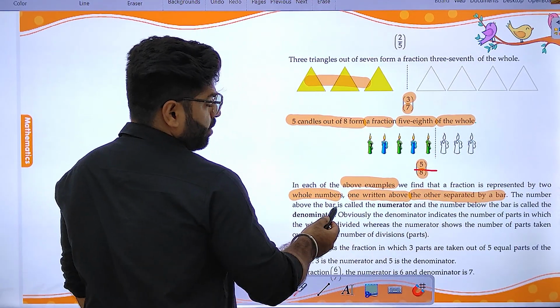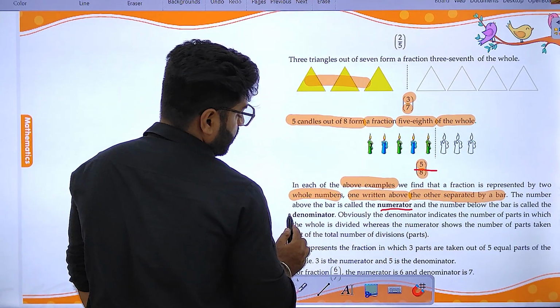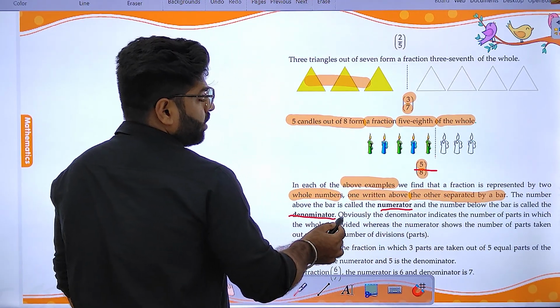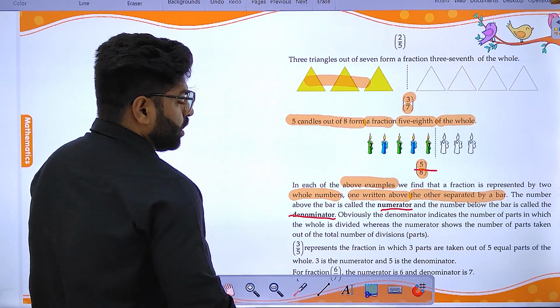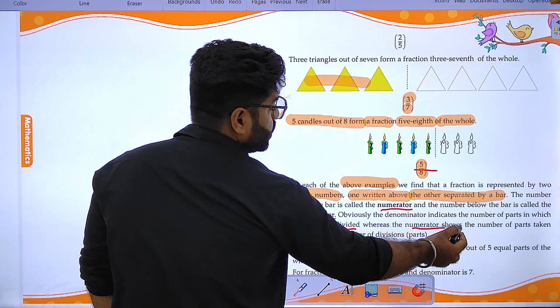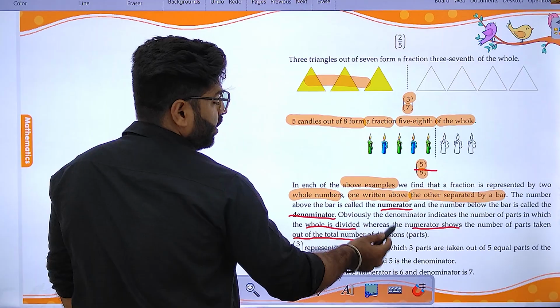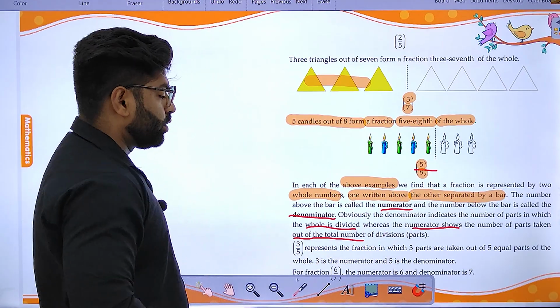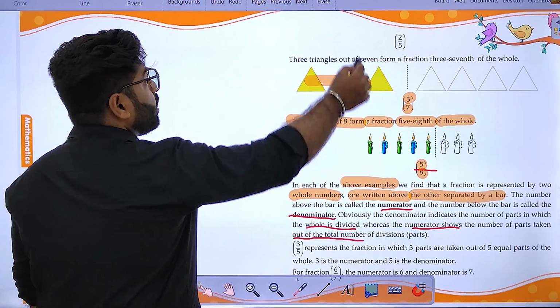Now the number above the bar is called the numerator, and the number below the bar is called the denominator. The denominator indicates the number of parts in which the whole is divided, whereas the numerator shows the number of parts taken out of the total number of divisions. So these are our fractional parts.